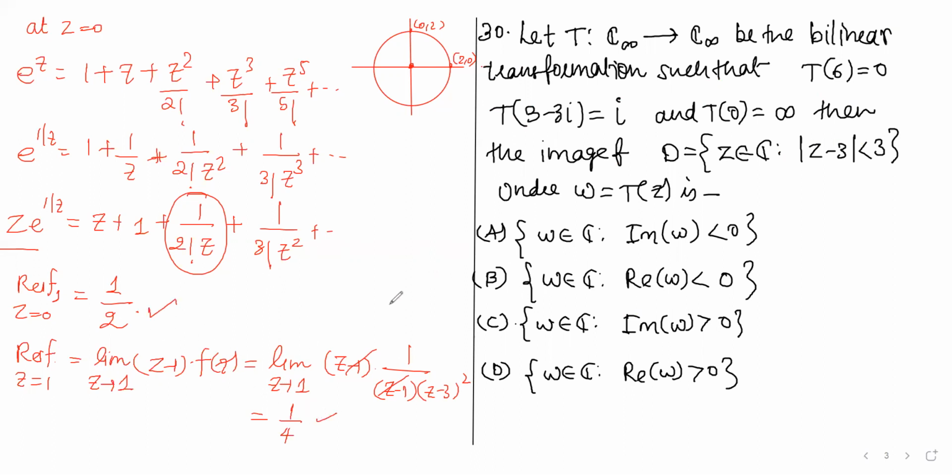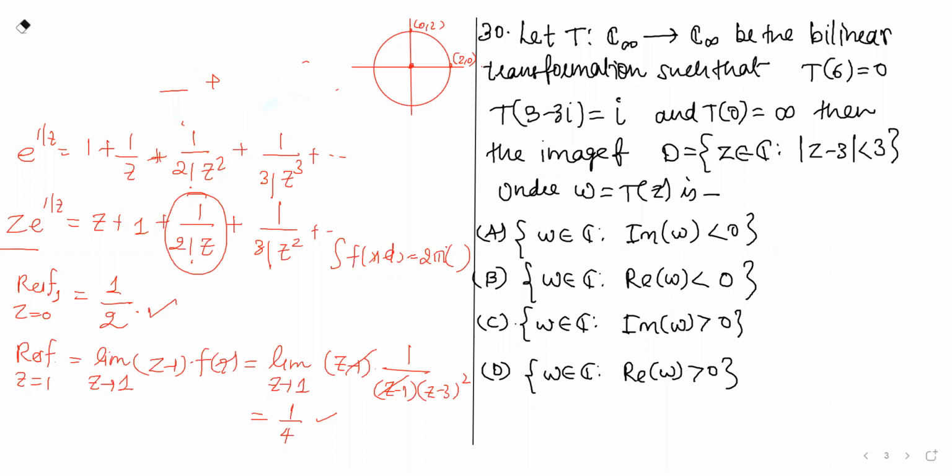Now I know by the Cauchy residue theorem that the integration of f(z) is 2 pi i times the sum of all the residues. I'll perform that now, and I'll erase everything because I no longer need them.